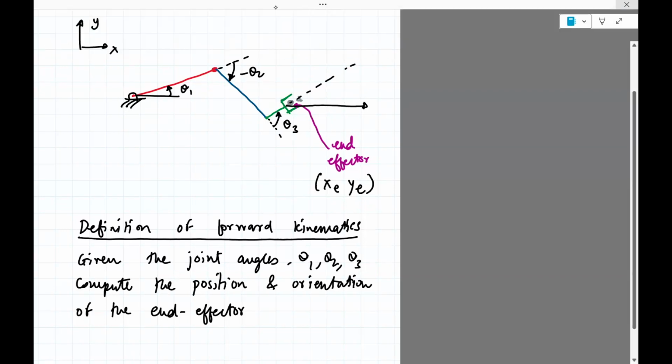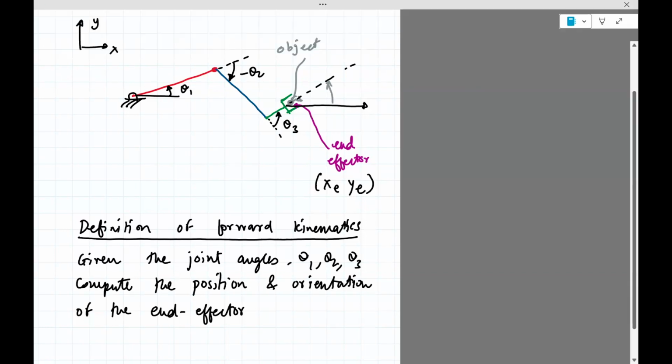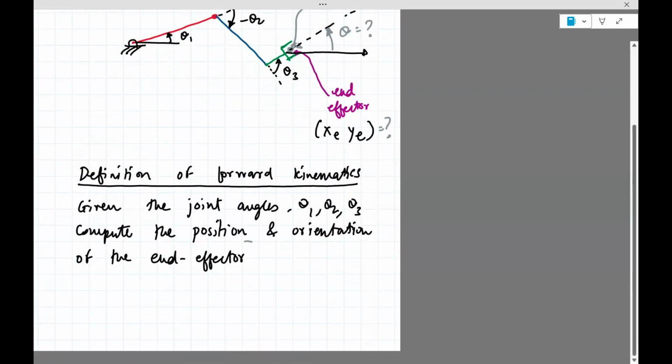So let me move this. So this theta is unknown, this xe, ye is unknown. So position is xe, ye, orientation is theta.